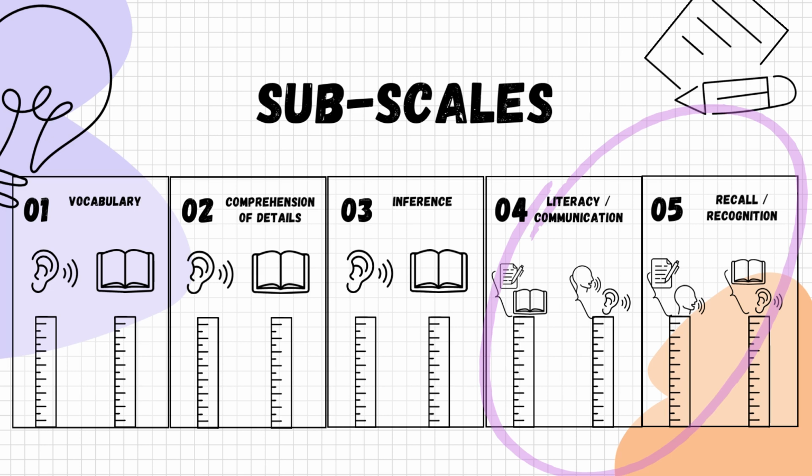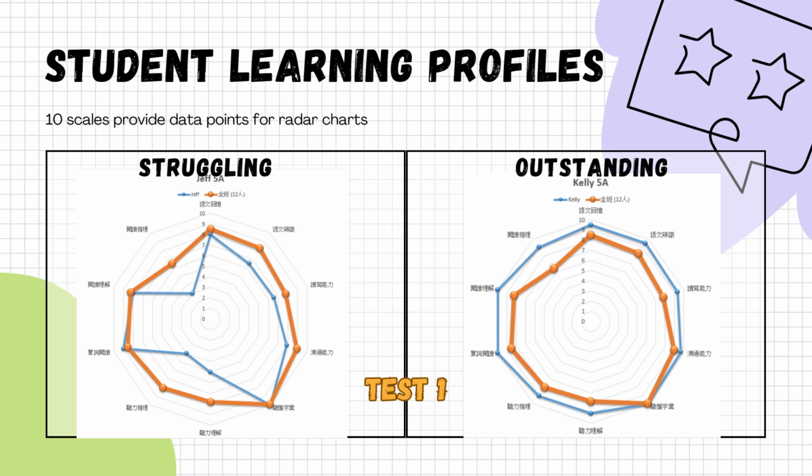And now we have 10 scales. What do we do with those 10 scales? Well, that's a lot of information to give to a child and also to their parents.